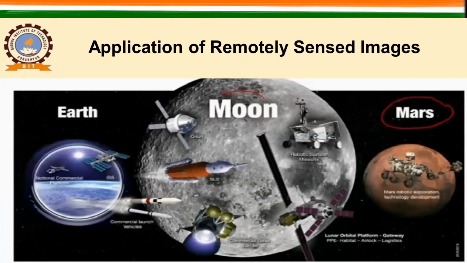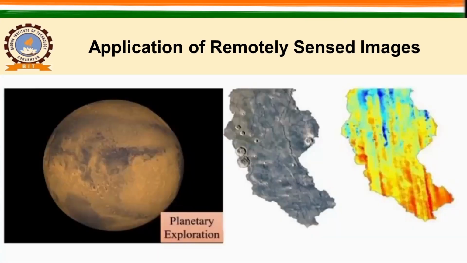So basically, we have been using remote sensing since very long now. We are successfully mapping Mars, Moon, and Earth, right?